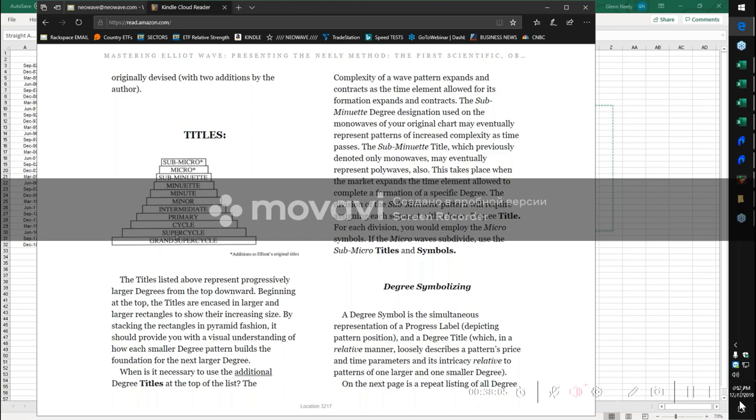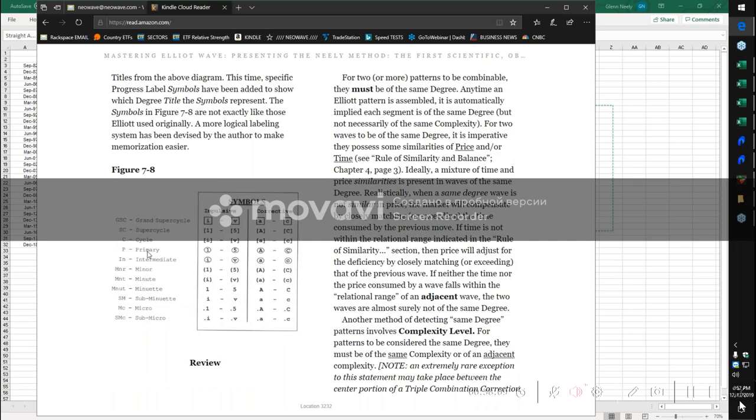And then the next lower degree would be supercycle, then cycle. But this is all very subjective. It's not terribly important. When you're discussing patterns in maybe a publication like a newsletter or in a book, or you're talking about it over the internet or over the telephone, this might be somewhat important or useful to say, look at the grand supercycle degree and it's labeled in a certain way.